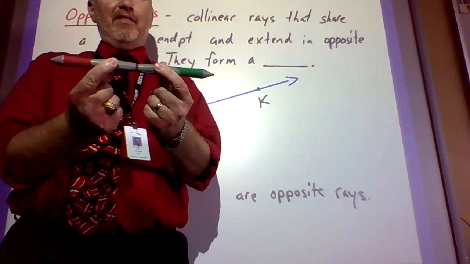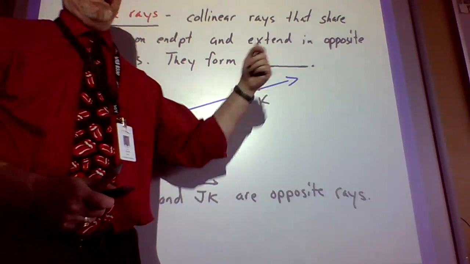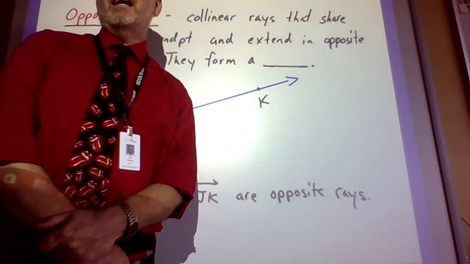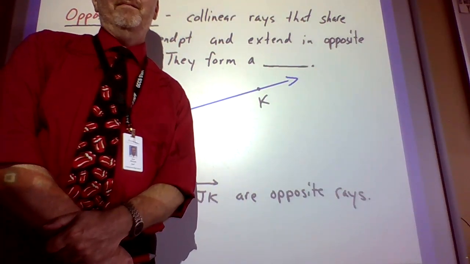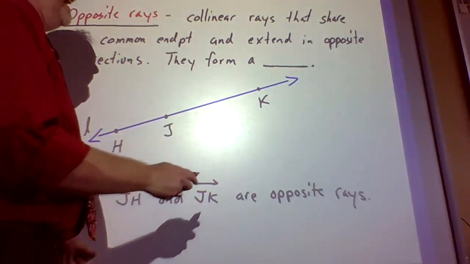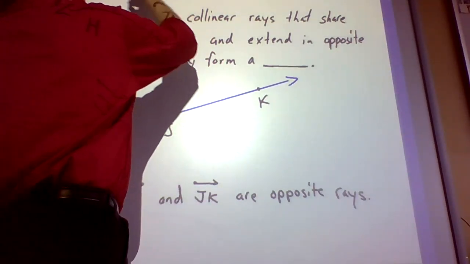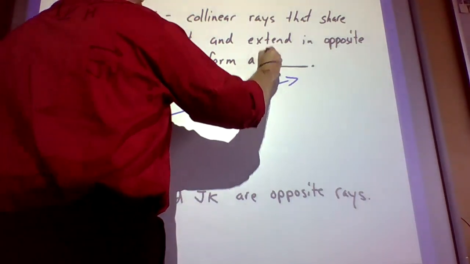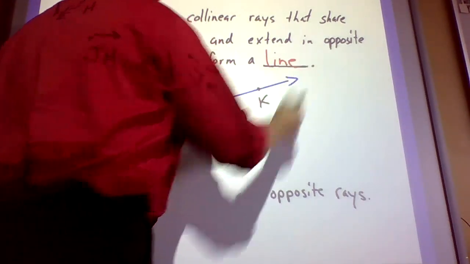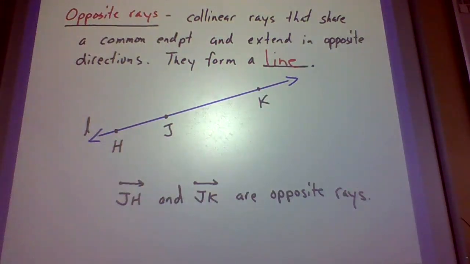If you put them together, they would form a blank. Who thinks they know what that would be? That's right, a line. If you put rays back to back, they form a line. Good job. Any questions on that?